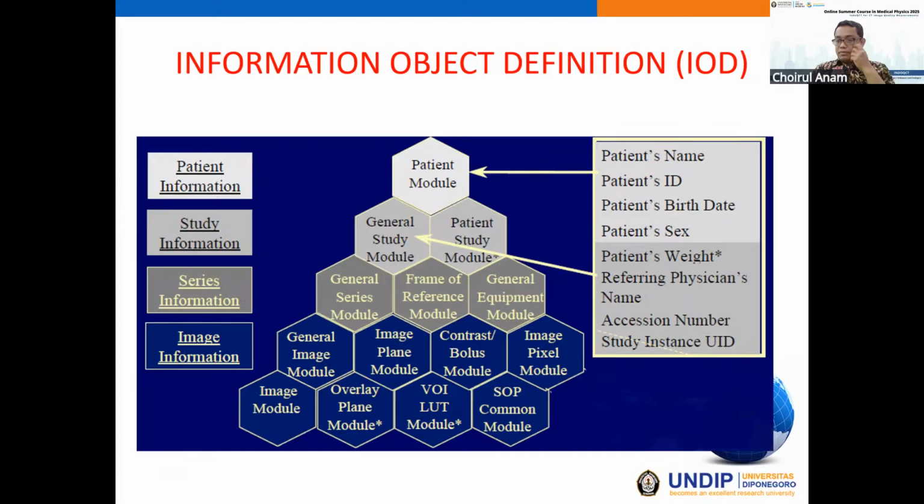In the DICOM information, there is information about the patient, such as the patient module: patient name, patient ID, patient sex, referring physician, and so on. Also in the DICOM, there is study information, series information, and image information.